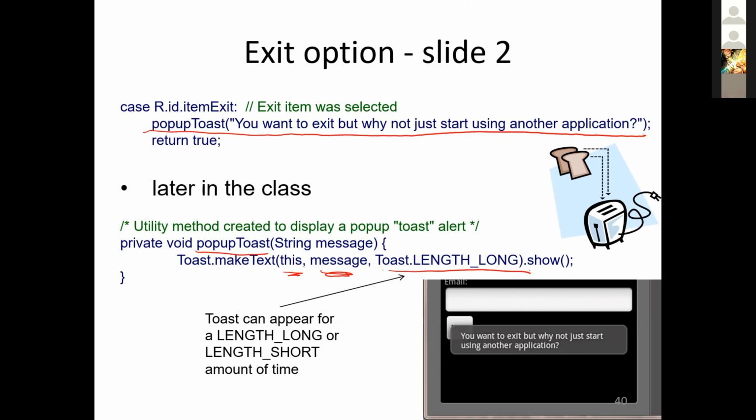Okay. On mine, the message is showing color red. Did it show you color red? Repeat again. On this one, toast.makeText in brackets, this message, the message is in red.